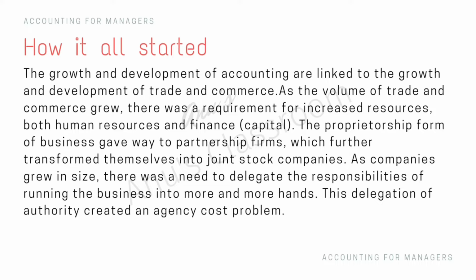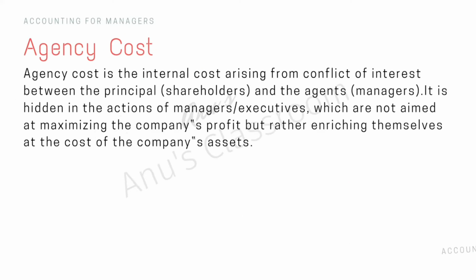As these companies grew in size, there was a need to delegate the responsibilities of running businesses into more and more hands. With this delegation of authority, an agency cost problem was created. What is agency cost? It is the internal cost arising from the conflict of interest between the principal shareholders and the agents of them, that is, managers.